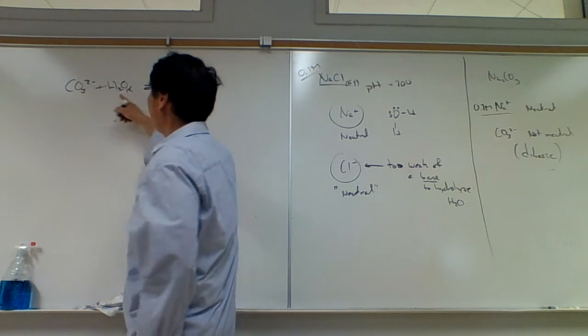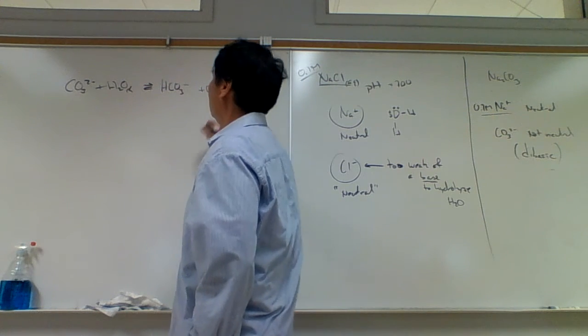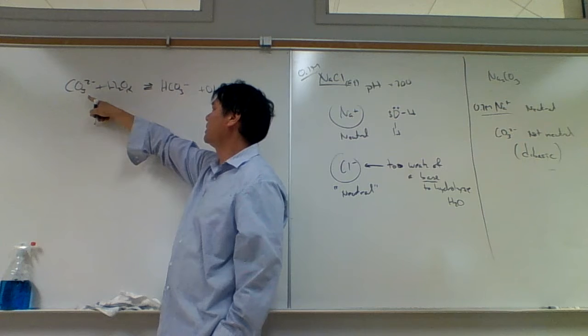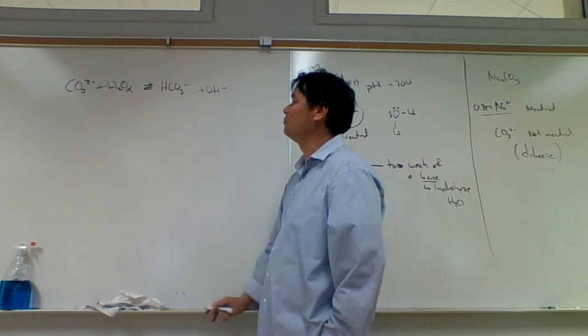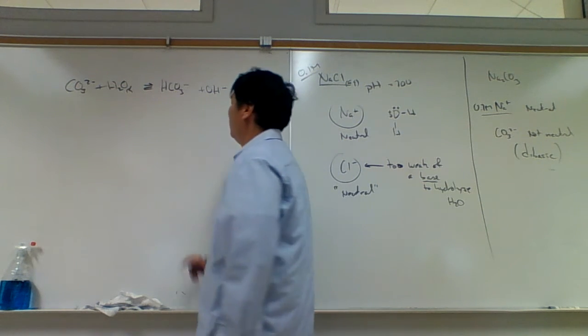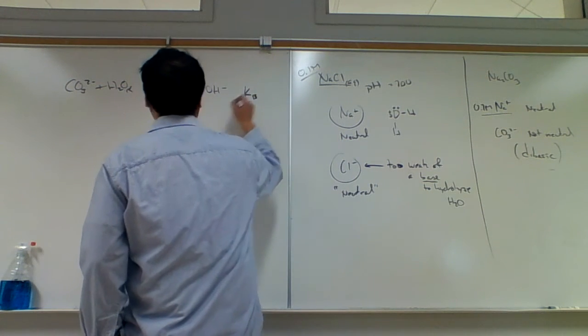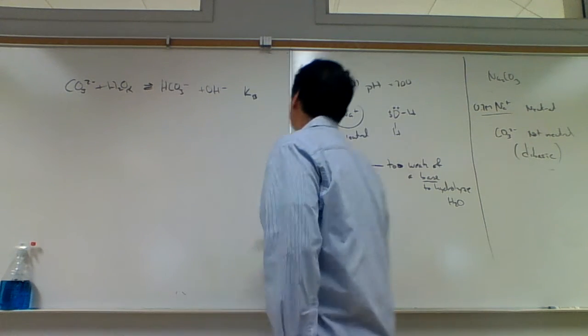Even though it's a dibasic base, we only do 1 proton at a time. And hydroxide. And so this is why carbonate's a base, because it hydrolyzes water to form hydroxide. Hydroxide will increase the pH of water, making it basic. And this is called a Kb, or base hydrolysis. Base plus water.